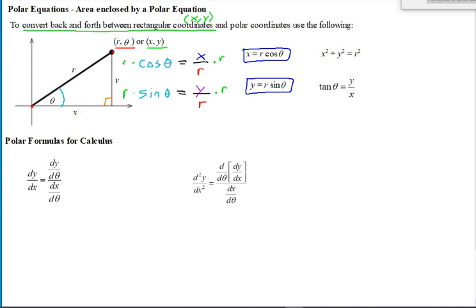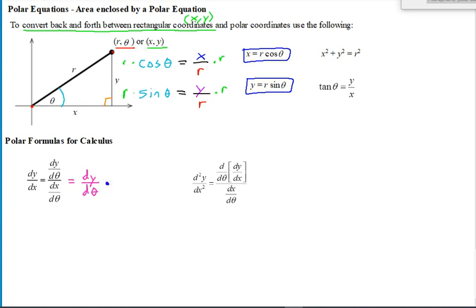And then the polar formulas for calculus, hopefully look familiar because they're really the same formulas we use for parametric, except for t, we've got theta. So you can see it works in the same way. We've got dy d theta divided by dx d theta, because when you have dy d theta divided by a fraction, remember it's the same as multiplying by the reciprocal.